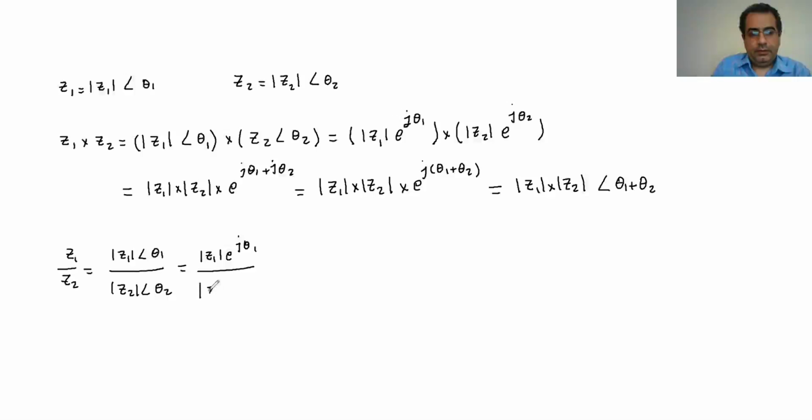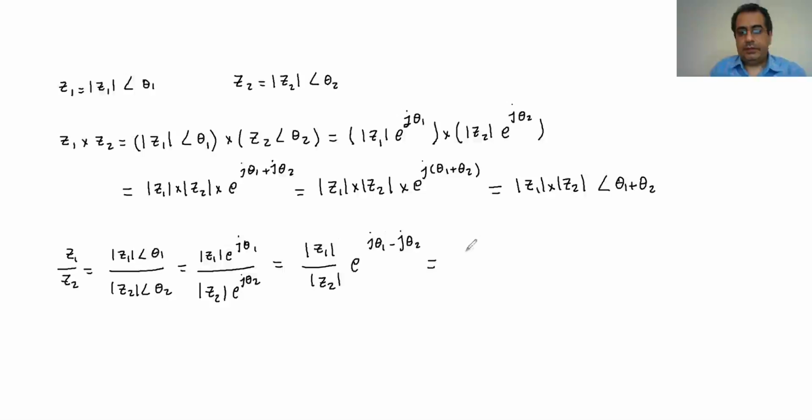divided by z2 e to the power of j theta 2. And then if I do that, it's going to be z1 divided by z2 e to the power of j theta 1 minus j theta 2, which I can write as z1 divided by the magnitude of z2 e to the power of j theta 1 minus theta 2.